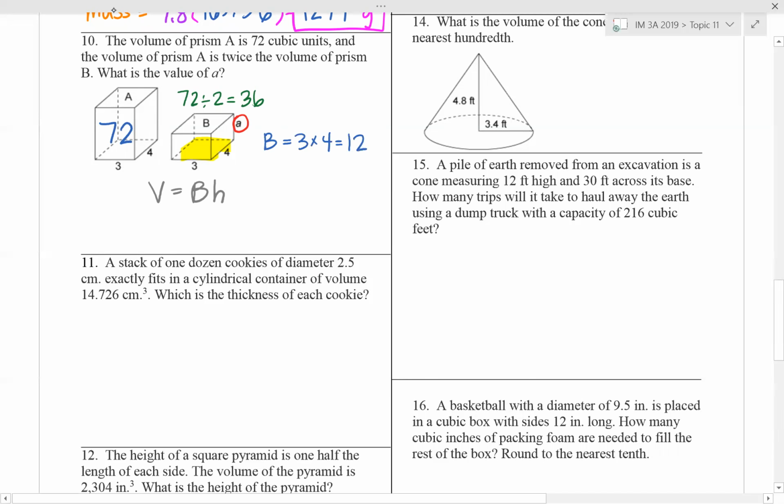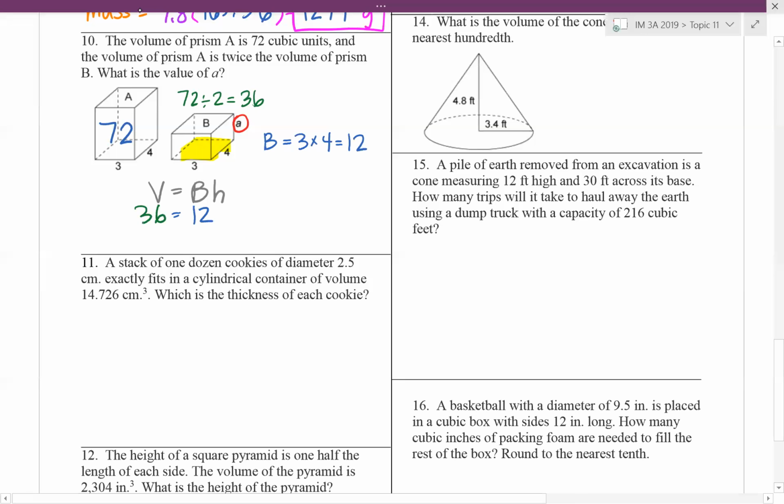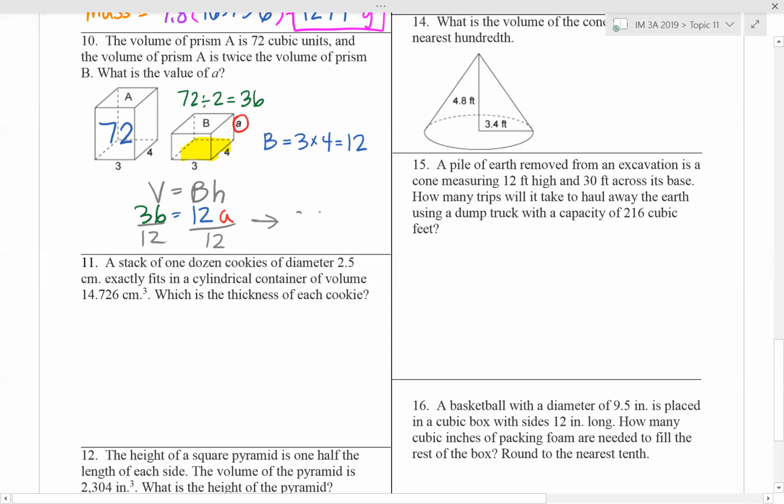So if my volume is 36, the area of the base is 12, and I want to find the height A, I'm just going to divide both sides by 12, so that tells us that A is 3.